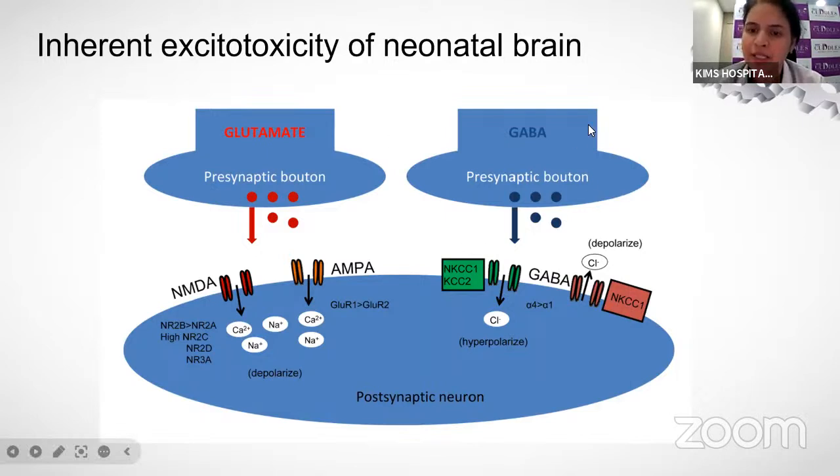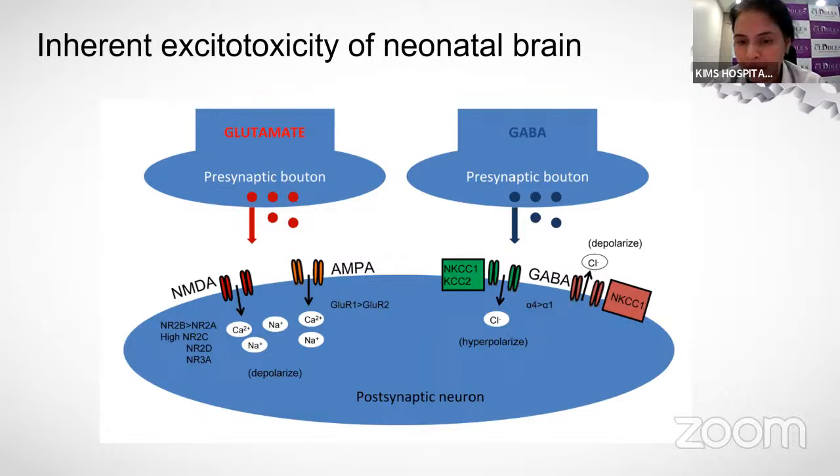What happens is that the GABAergic channels, which are chloride channels, along with NKCC1 and the potassium-2-chloride cotransporter, usually subserve to allow the inward entry of chloride, which is a negatively charged ion, which is generally expected to result in hyperpolarization. So this results in an inhibitory action typically on the neuron.